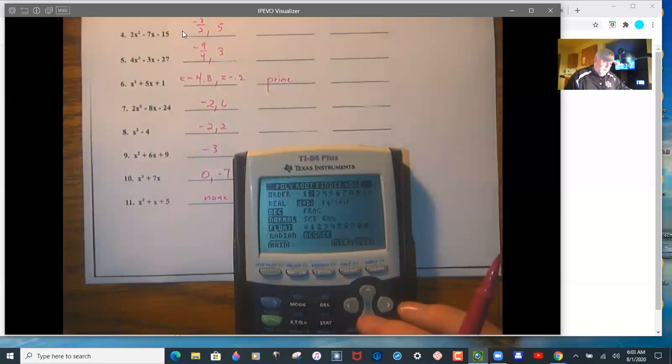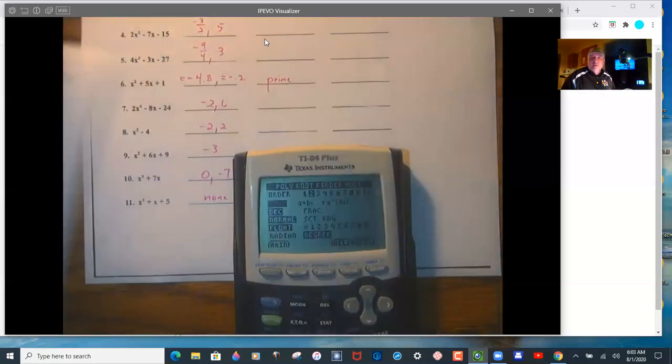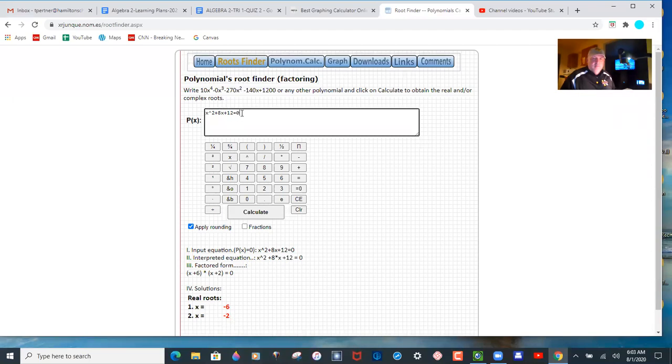Let's go see what the online calculator does with this, just so I can cover this. X squared plus X plus 5 equals 0. Make sure you put equals 0. Looks like it wants to freeze up on me here.